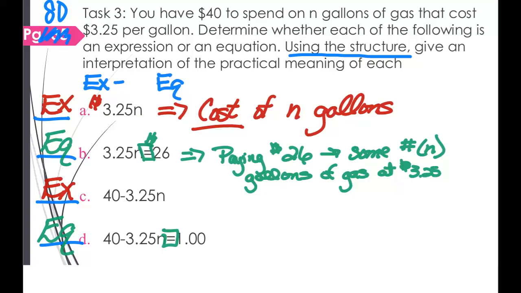But you are paying $26 worth. You're only going to get $26 worth of gas. Does that make sense? Okay. Do you see what we're saying when I'm saying what's going on in the structure of things? Because this says I'm paying the $26. I'm not going to get any more or any less than I can get for $3.25 per gallon.